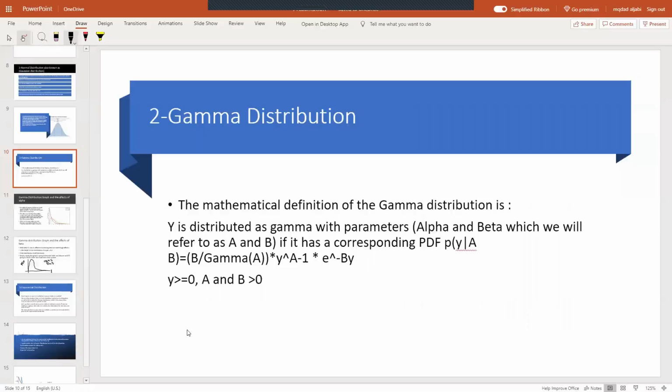Y is bigger than or equal to 0. Alpha and beta are bigger than 0. Y can equal 0, but alpha and beta can never equal 0.